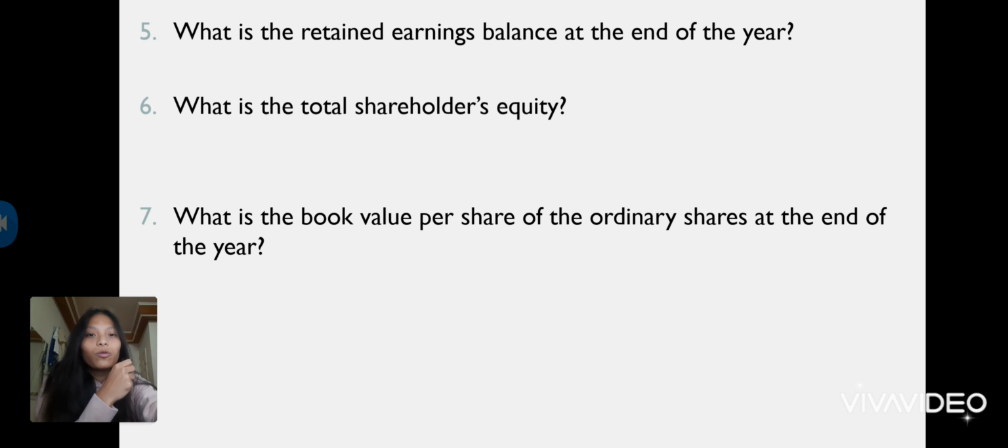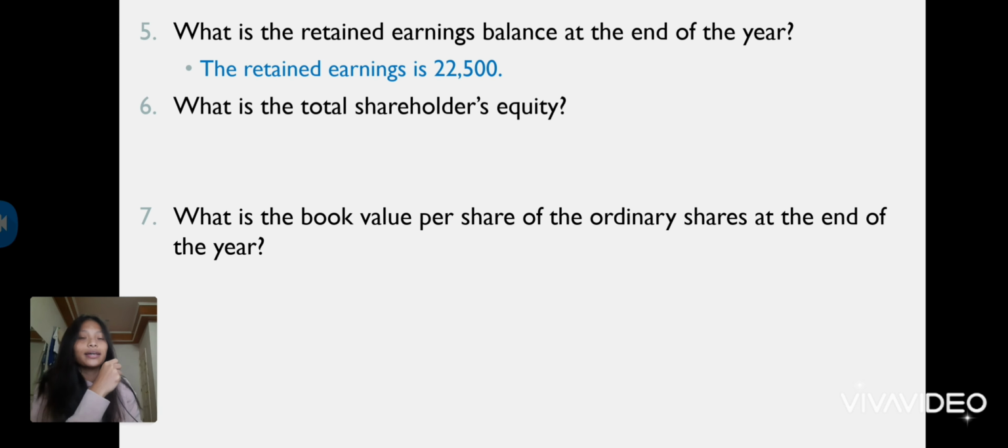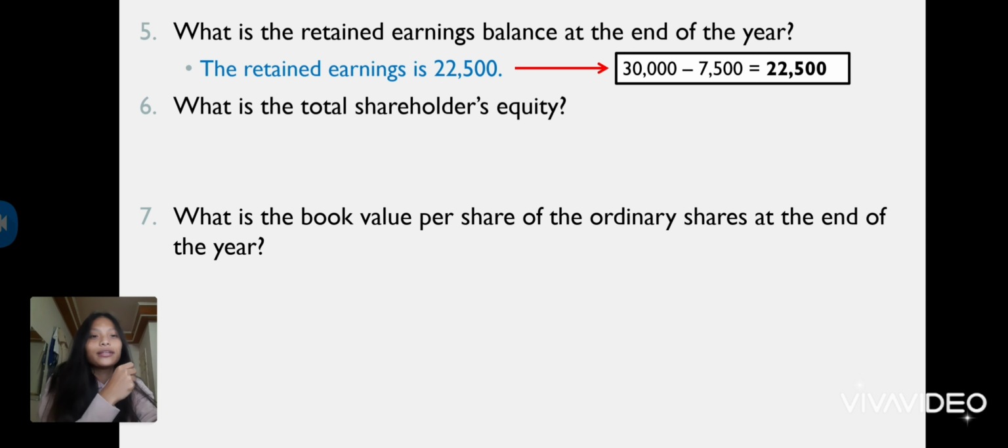Number 5. What is the retained earnings balance at the end of the year? So the retained earnings is 22,500. So here is how I got it. I subtracted 7,500 from 30,000. That's why I got 22,500. So you will wonder where I got those numbers. I got those numbers from the last two transactions given earlier, which is the debit of income summary and credit of retained earnings of 30,000, which means there is an income.